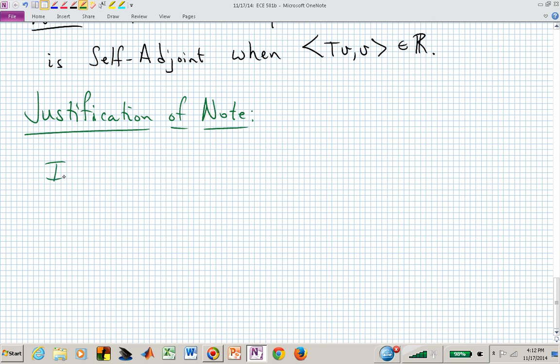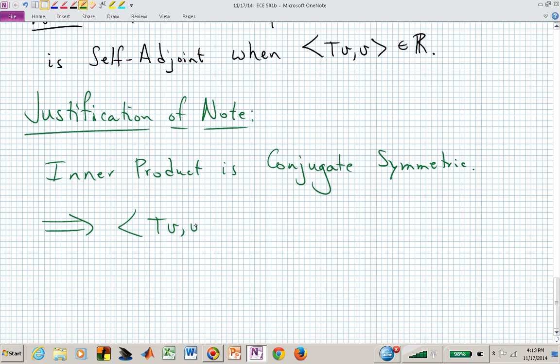We know that one of the properties of an inner product is that it enjoys conjugate symmetry. The inner product is conjugate symmetric, which means that the inner product of TV with V is equal to the complex conjugate of the inner product with those two slots interchanged.